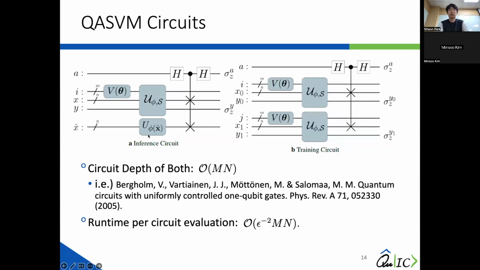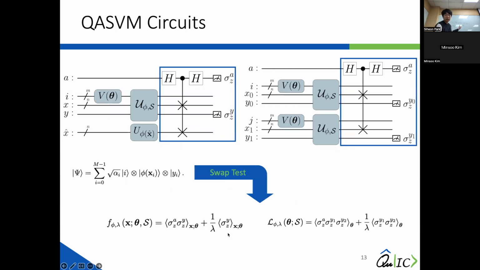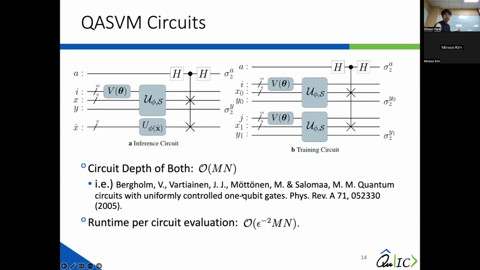Okay, so the feature of this circuit is that the depth of this circuit will be linear in the number of data. As I mentioned, we are trying to get some expectation value, right? And the depth is proportional to the time we need to spend to execute this circuit.